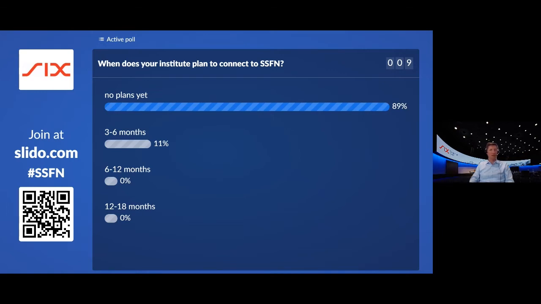And I think if I look at the results, which are slowly coming in, it seems to me as if most participants here have not yet made any concrete plans. However, we do have one or two which obviously are thinking of doing this in the very near future. I think this is very encouraging.